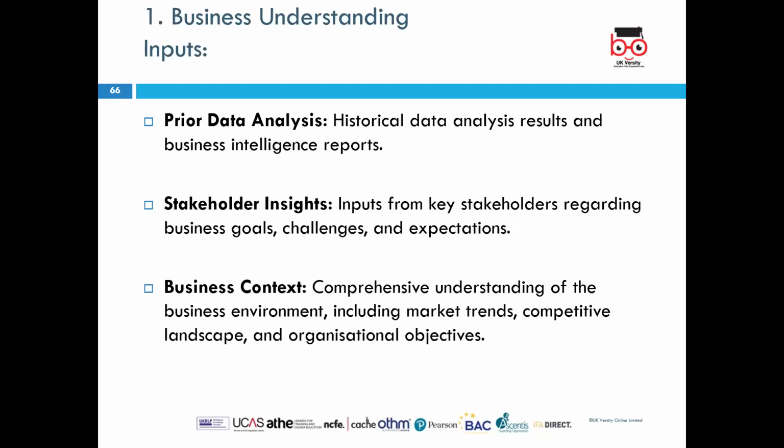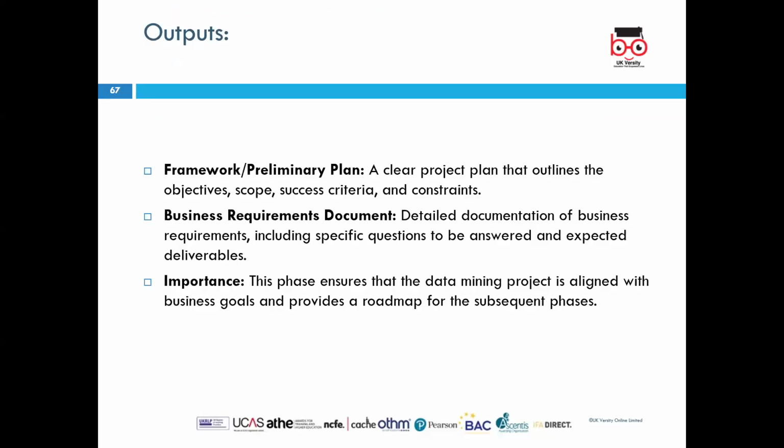So the inputs that we will see for business understanding are going to be prior data analysis, stakeholder insights, business context. The outputs that we now have are going to be a framework, preliminary plan, business requirement document, and importance.